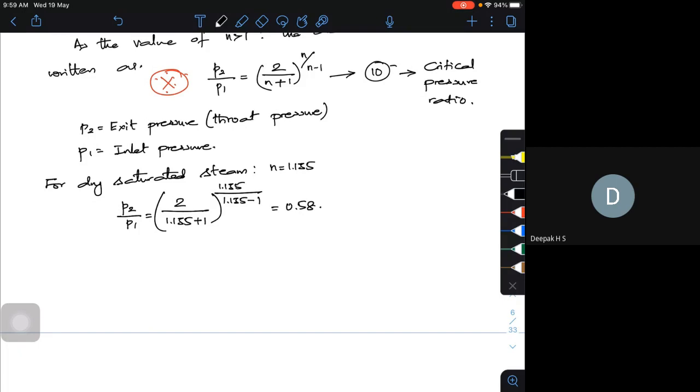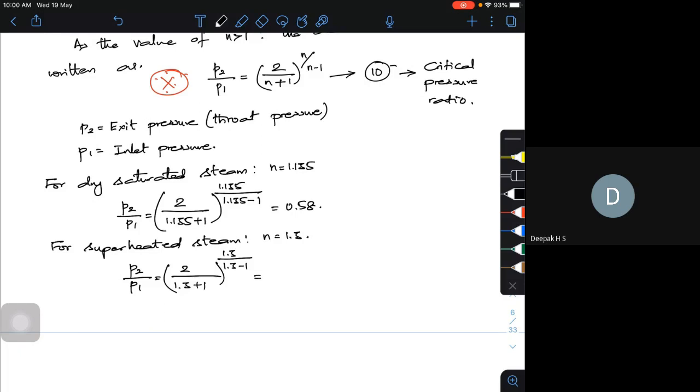Then similarly for superheated steam, your n value will be 1.3. So in that case, P2 by P1 is equal to 2 divided by 1.3 plus 1, whole to the power of 1.3 divided by 1.3 minus 1.